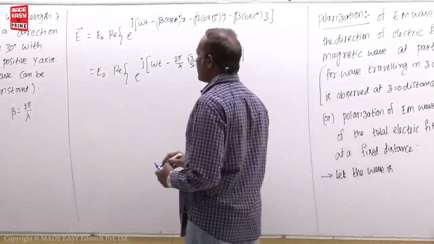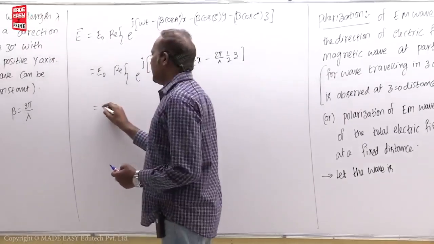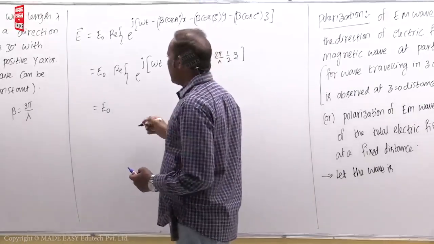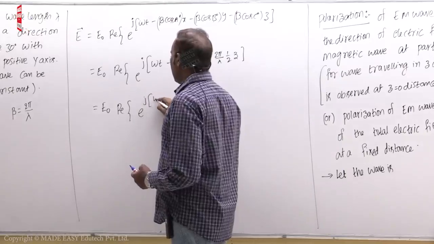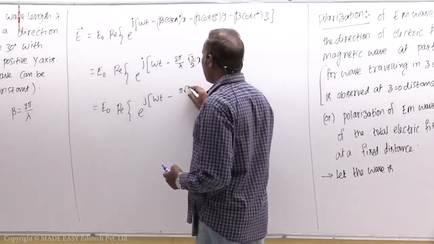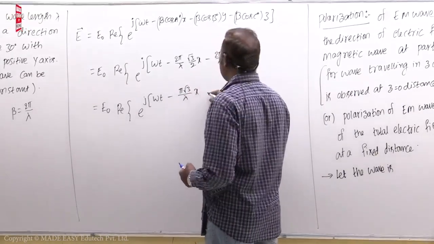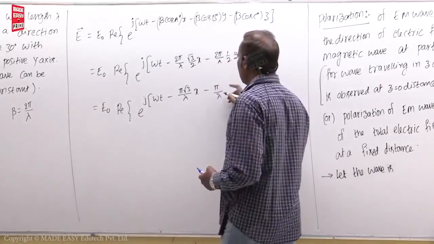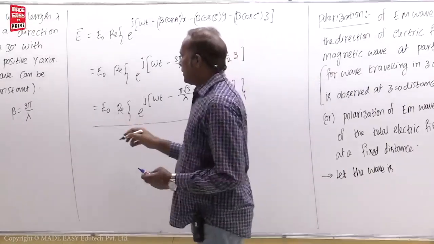So this is the equation, because he has given lambda; if you see the options he has written beta in terms of lambda. So this is the answer: real part of e power j omega t minus, 2 cancels, so pi root 3 divided by lambda into x, minus pi by lambda into z, 2 cancels. So this is the answer.